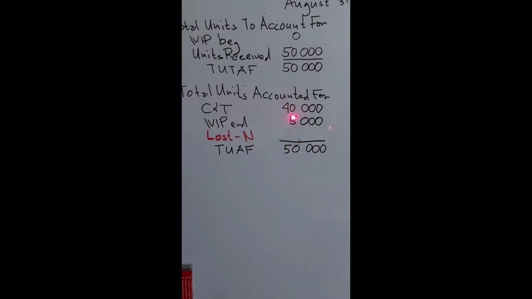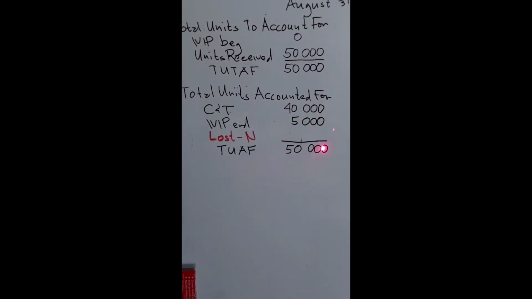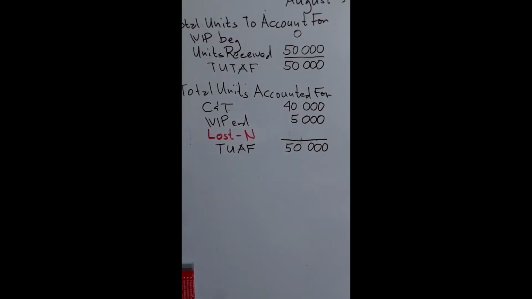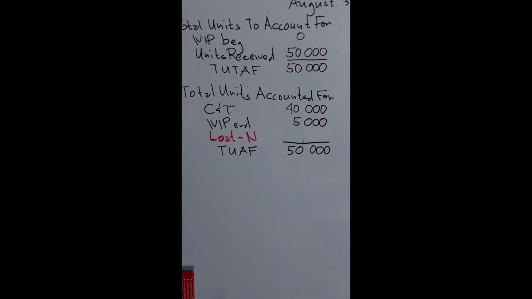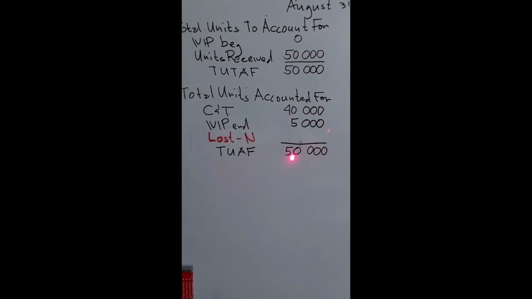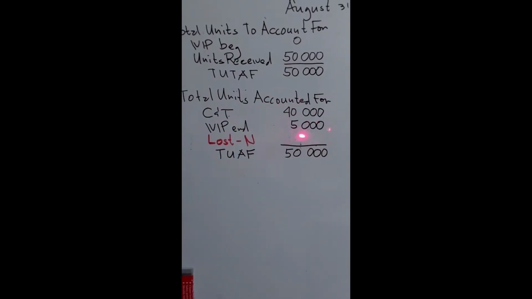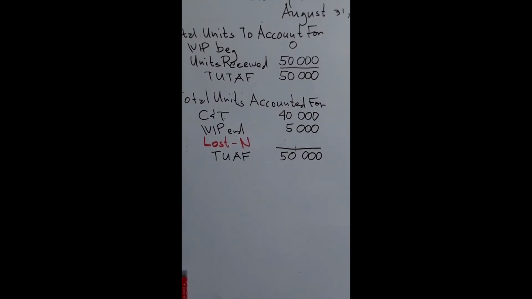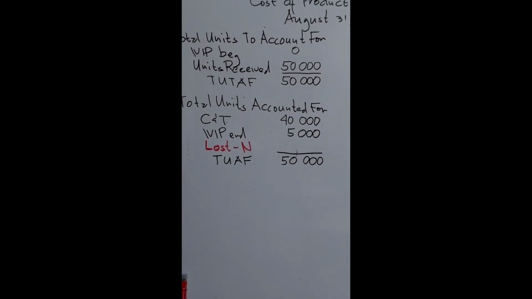Okay? So since 40 plus 5,000 ito, so 50, it means ang loss units natin na normal ay 5,000. Dapat ang total nito ay 50,000. Okay? So lagay ko lang yung 5,000 na loss units na normal.